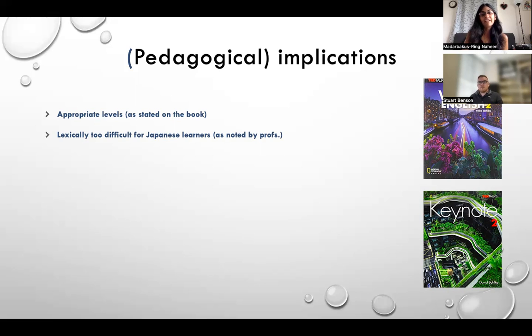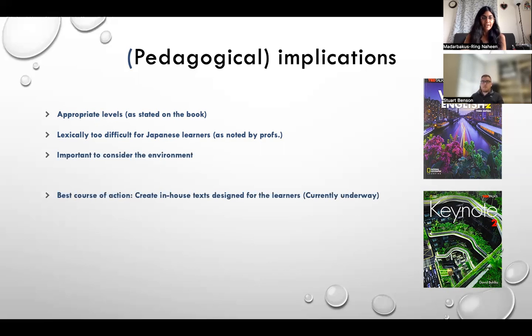And this is something that the professors at the university noted every time they used these textbooks. So it is very important to consider the teaching context and the environment, irrespective of what the actual levels are on the book. So our best course of action, Stuart, I think this is over to you. What should we do?